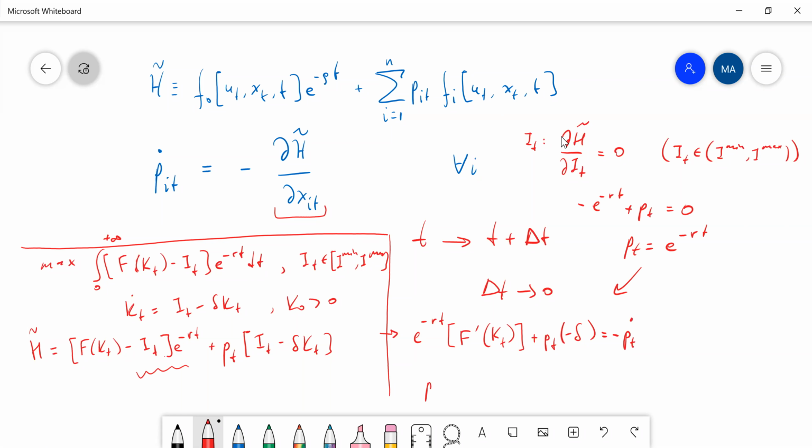I learn PT times F prime KT minus delta PT equals minus PT dot.